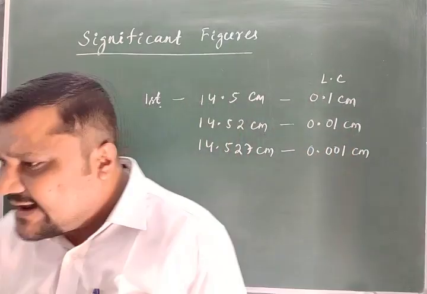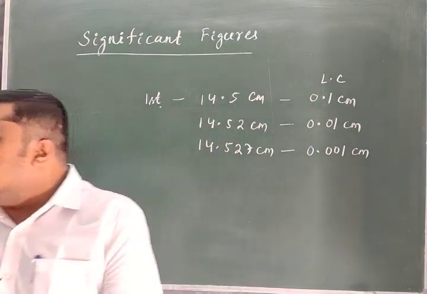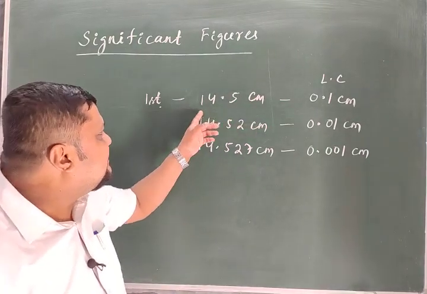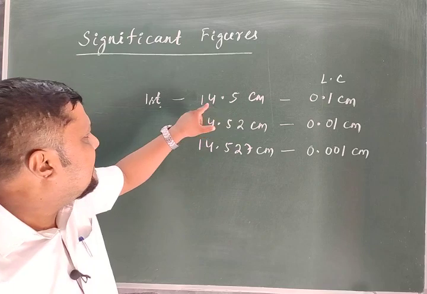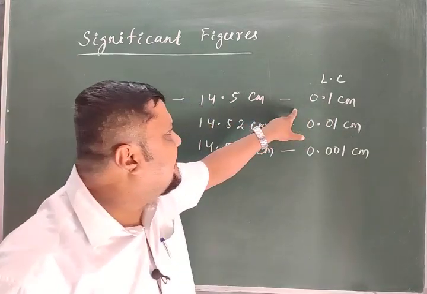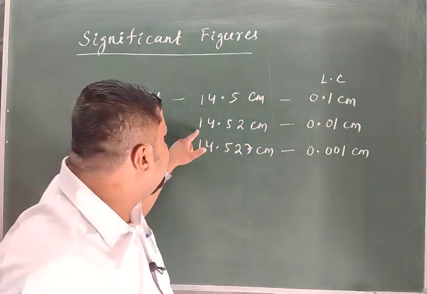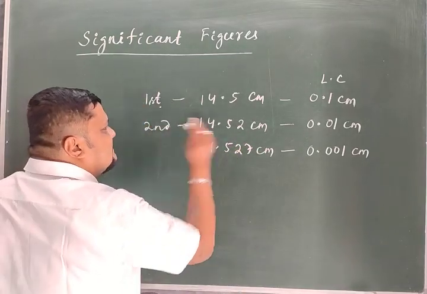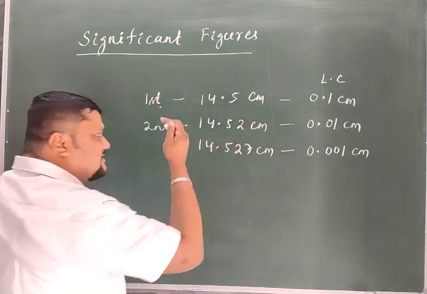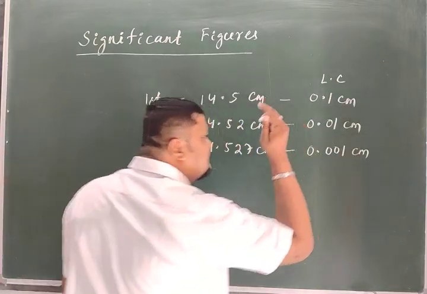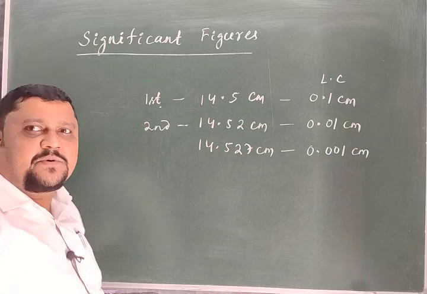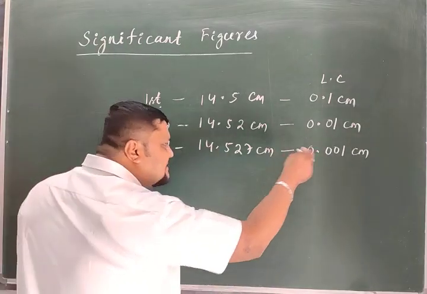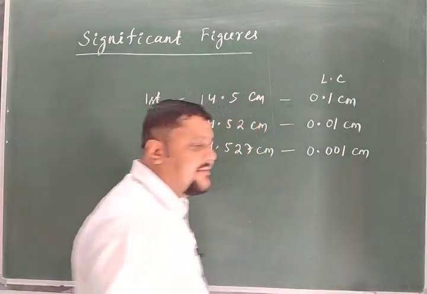It means for different instruments, the measurements are different. Here he used a device where the least count is 0.1 centimeter. The second person expressed this measurement with least count 0.01 cm. For the third one, the least count is 0.001 cm.